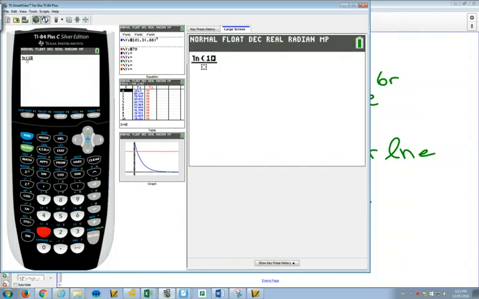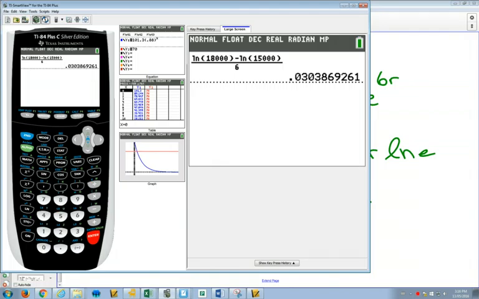Natural log of 18,000 minus natural log of 15,000 divided by 6. And we get 0.03, but we're going to need all of those decimal places later on. So I'm going to store this, because it's r, I'm going to store it as r to remember it later.